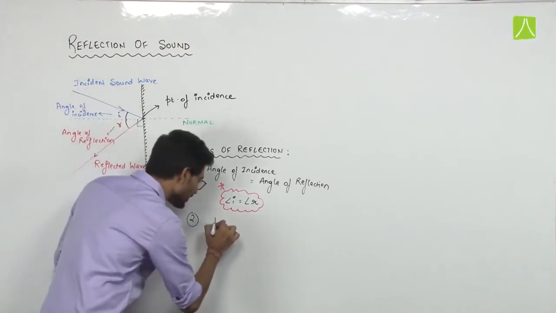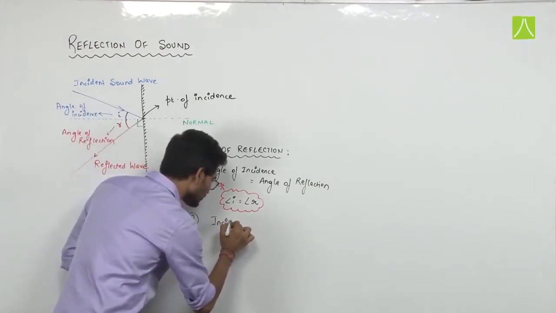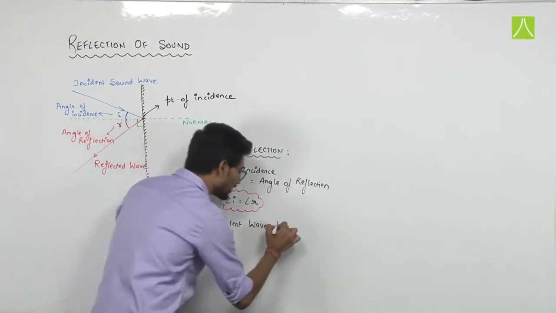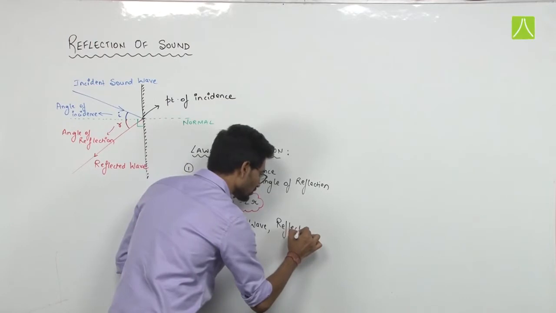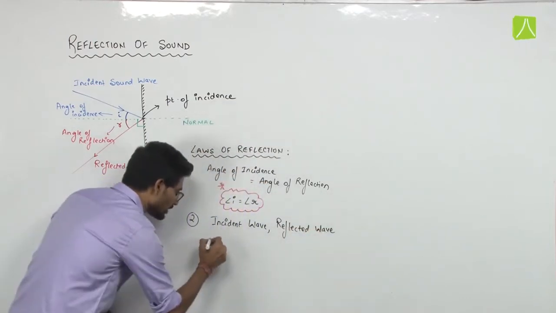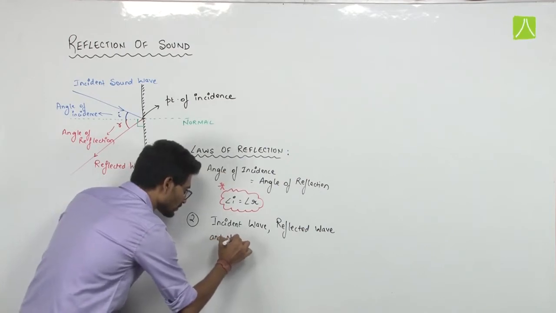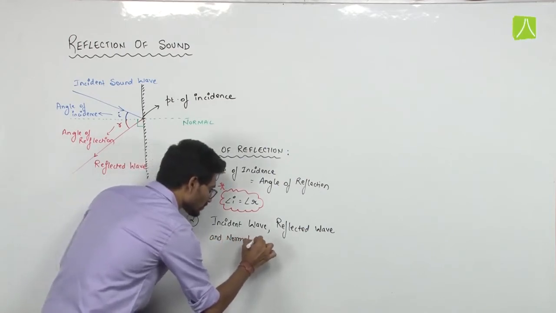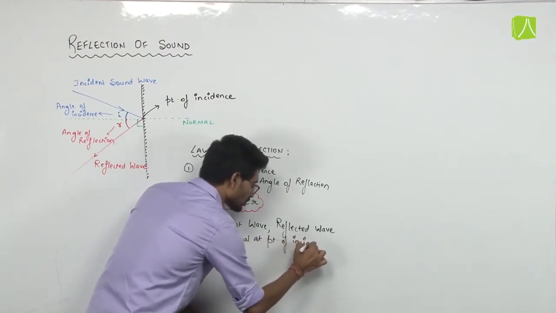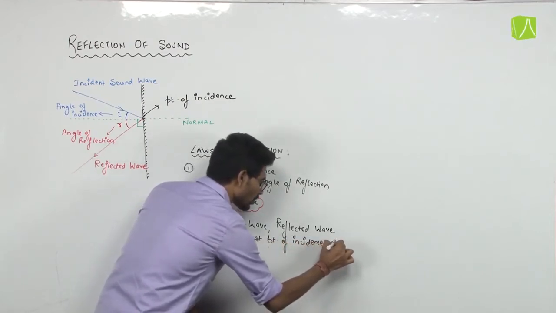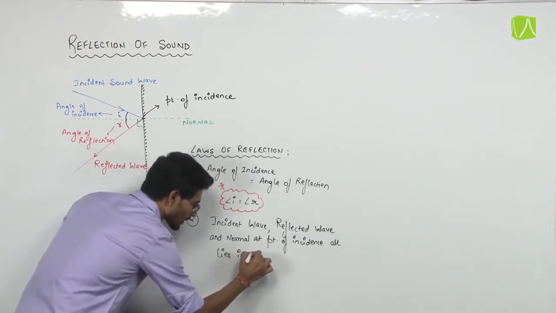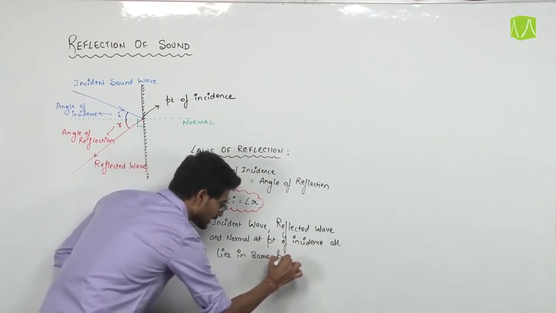Means incident wave, reflected wave and the normal at point of incidence all lie in the same plane.